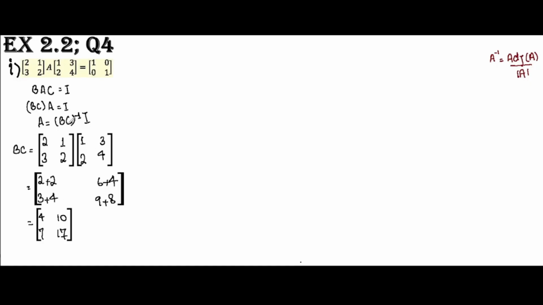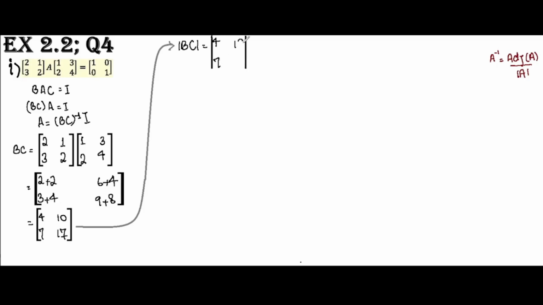Now we have to find its inverse. For inverse, we are first of all going to find the determinant, because when the determinant of a matrix is non-singular, then we can say that its inverse exists. So determinant of BC equals, we are going to write this matrix in these two bars for determinant. So 4, 7, 10, 17.